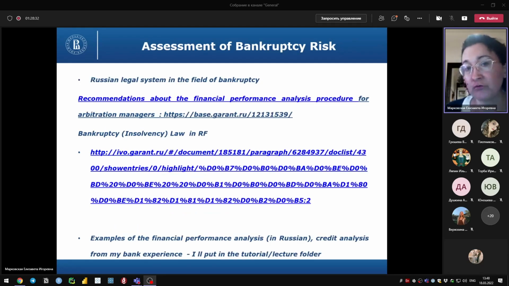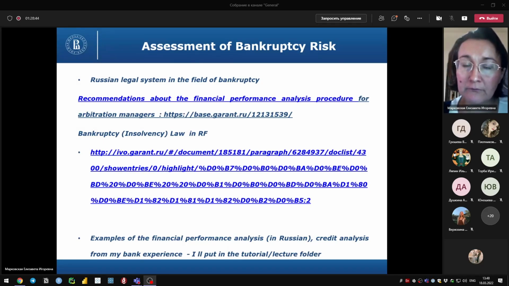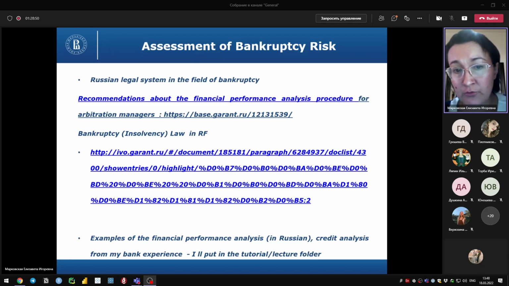If you choose the second version of your task, and you would like to make the bankruptcy risk analysis, on this slide you can find some sources of information.